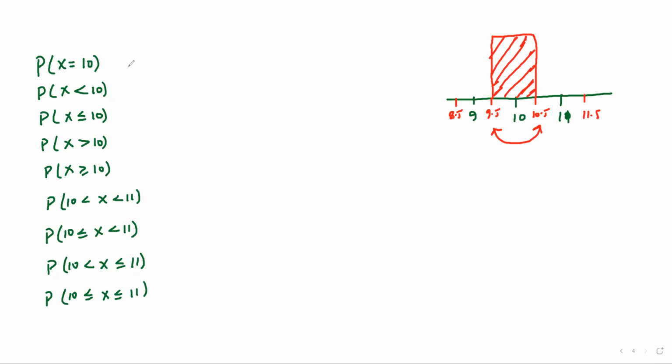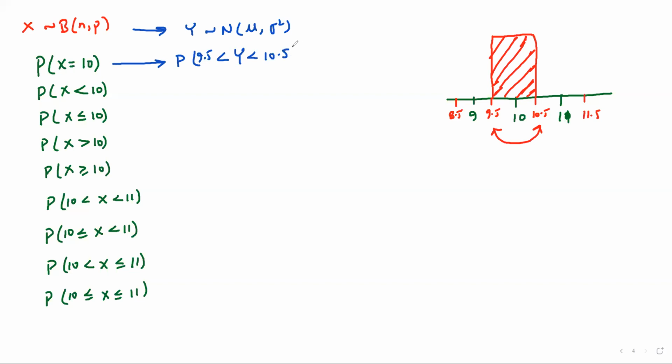So if we have probability x is equal to 10, so this is when you have x as binomially distributed data with n and p, okay? So when this goes into the normal distribution here, where you have y being normally distributed data with the mu and this variance, this probability x equal to 10 would be written as probability y is between 9.5 and 10.5.